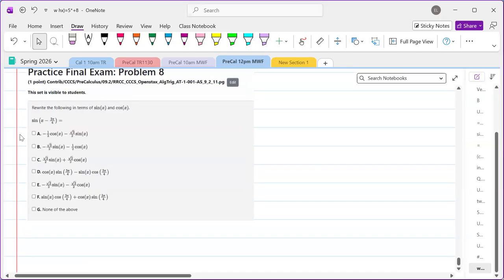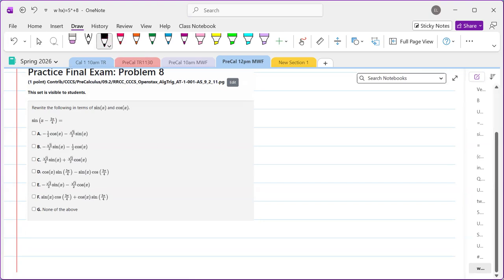So there could be multiple correct answers here. But then I've got an x and I've got a 3 pi over 4 as my two angles that are being subtracted. And then I'm taking the sine of that.